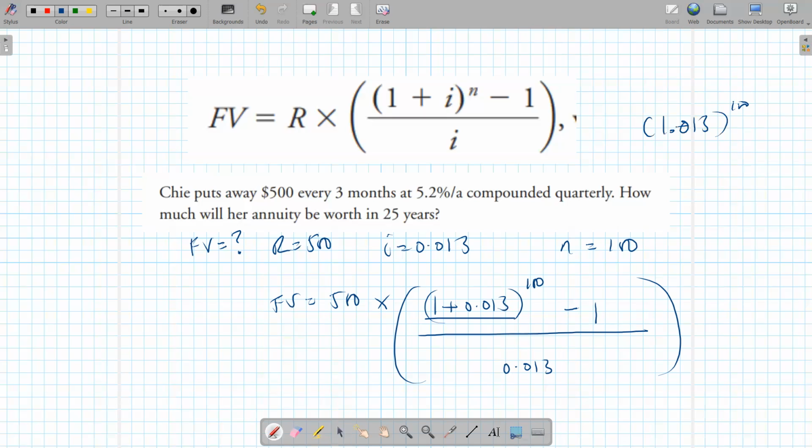I got 3.638. Okay, now subtract 1, equals. 2.638. Divide by 0.013. I got 202.975.